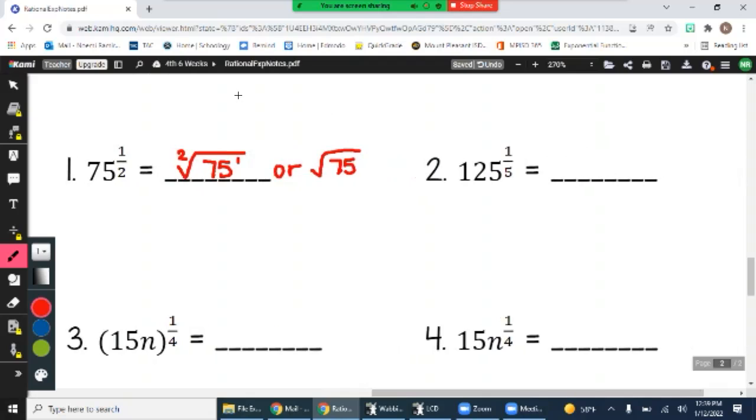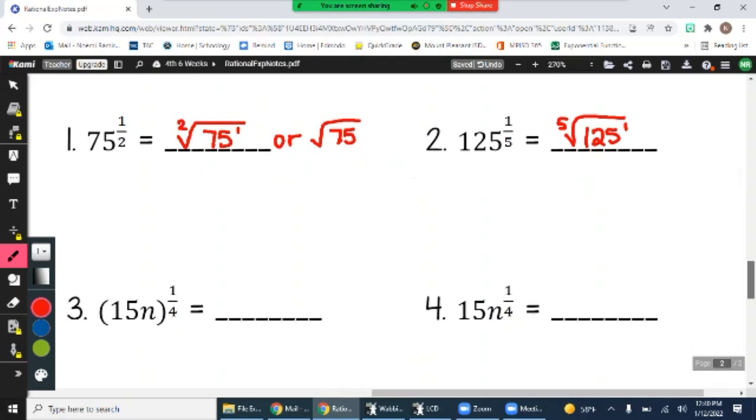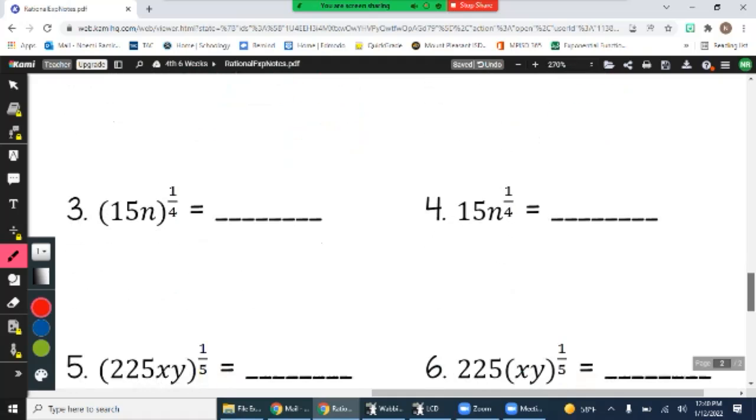Okay. Number 2, what goes under the radical symbol? 125 to the power of, with what number in the index? 5. Inside over outside. Questions so far? Now we have parentheses.